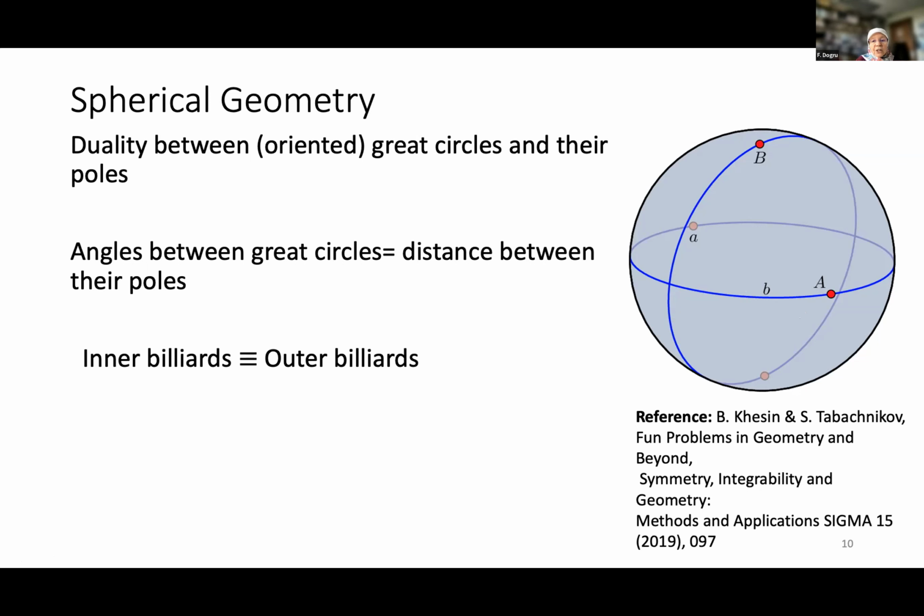It connects the curvature of a surface from geometry to its Euler characteristic from topology. Therefore, angles between the great circles are equal to the spherical distance of the poles. And that translates in the billiard world to inner billiard and outer billiard being dual to each other. So duality actually comes from here.